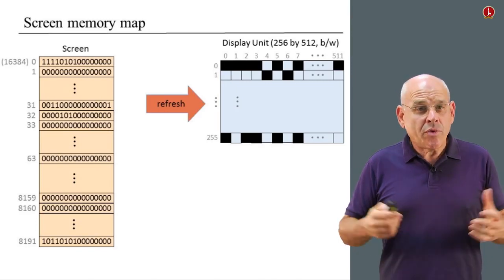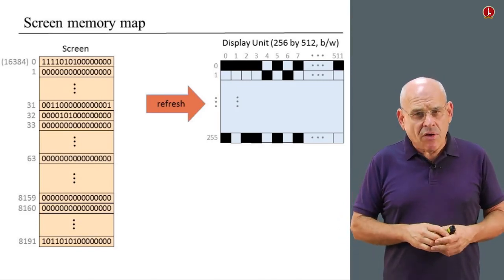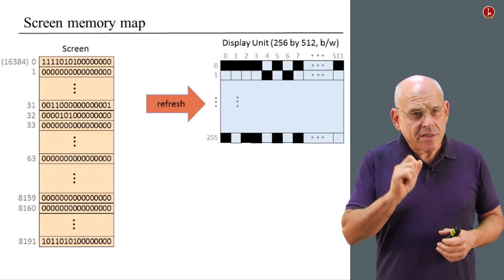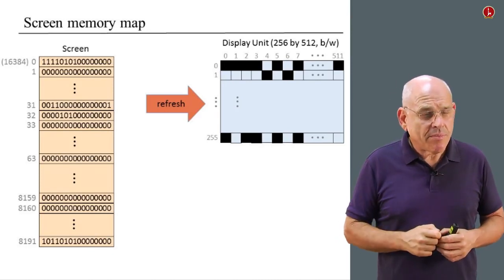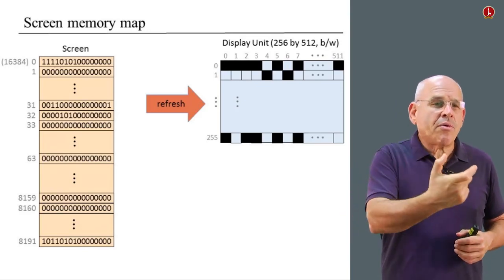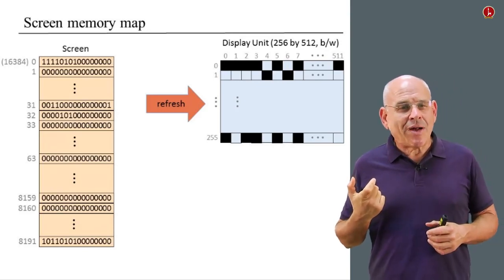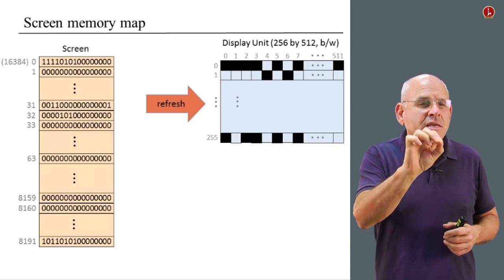So how do we do it? Well, first of all, you should notice, and I'd like to re-emphasize the fact that when we access memory, we can only retrieve 16 bits in one chunk. You know, we cannot access individual bits.